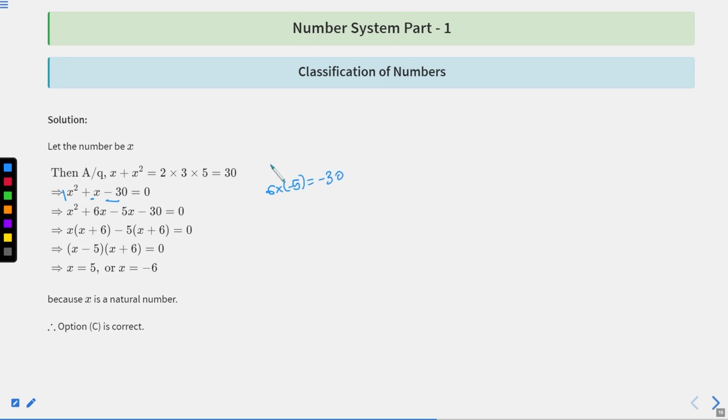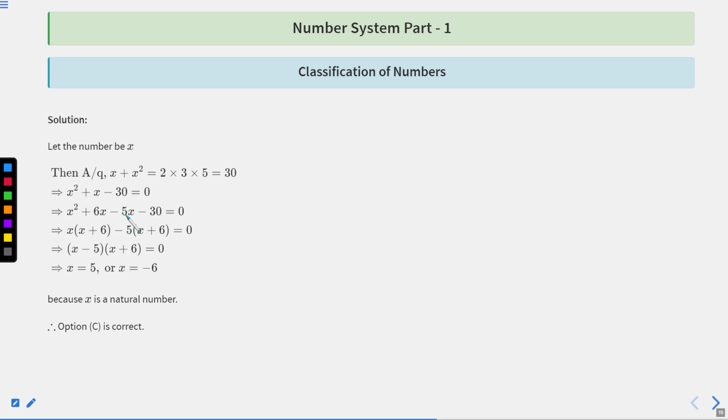Minus 5 times 6 also works, but we want the sum to be plus 1. If we take minus 5x plus 6x, in that case also we get plus x as the sum, and taking common will not cause any problem.